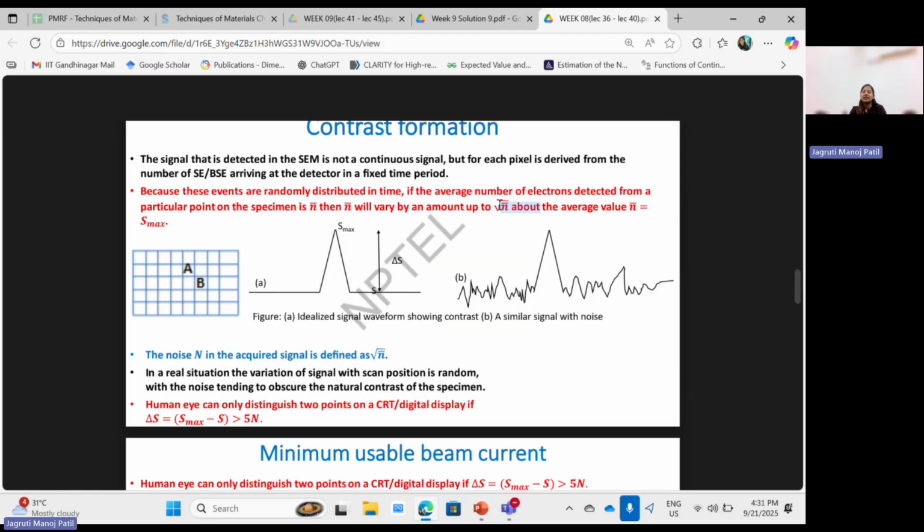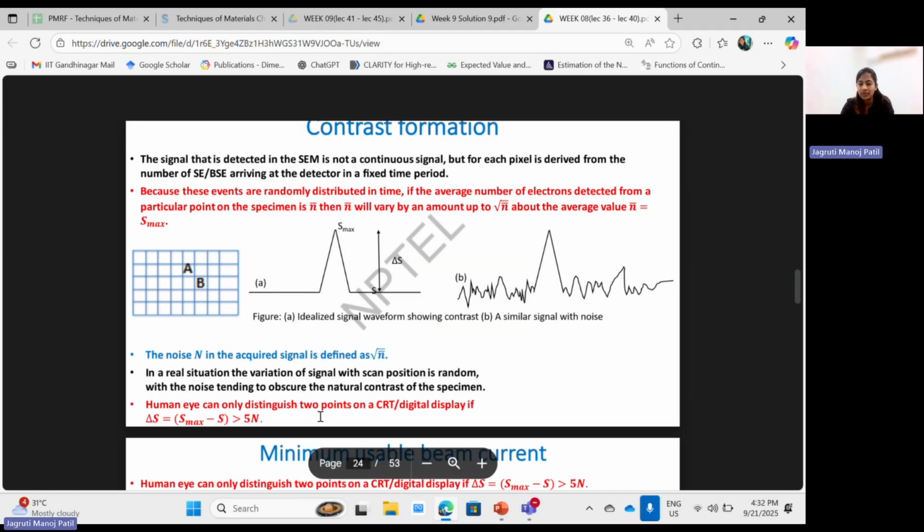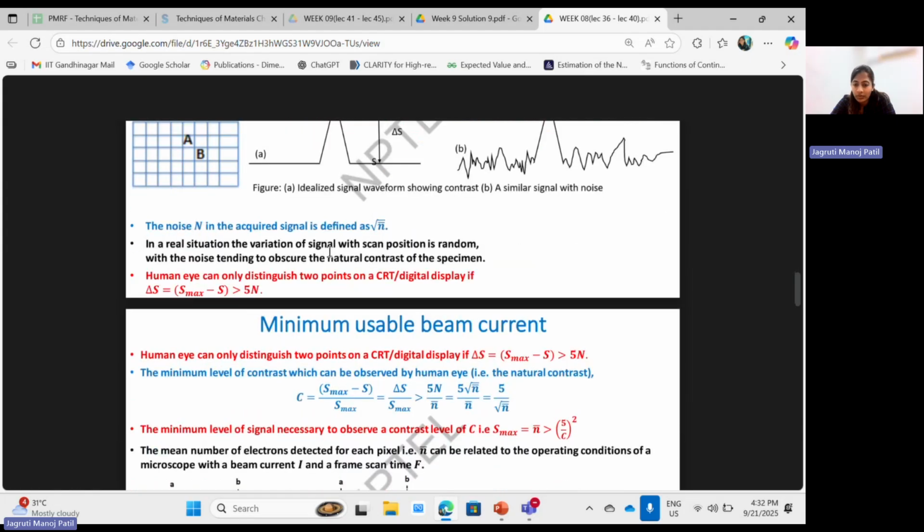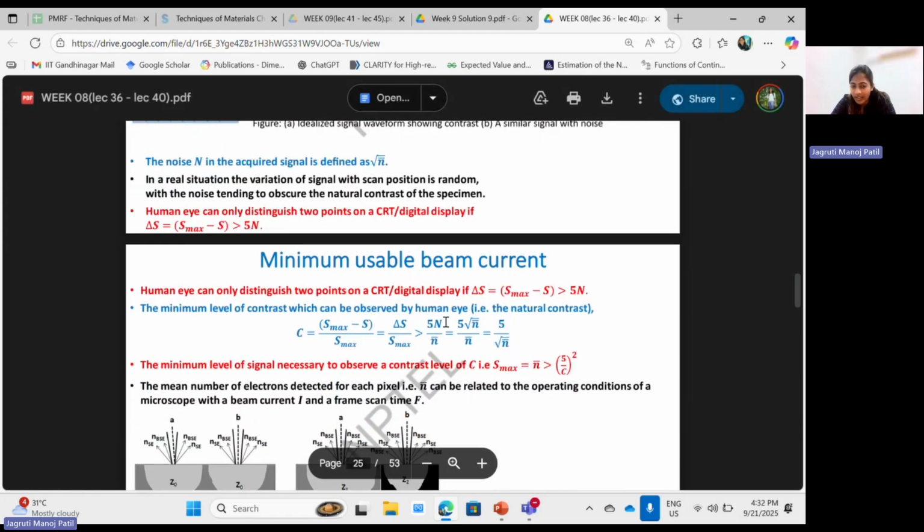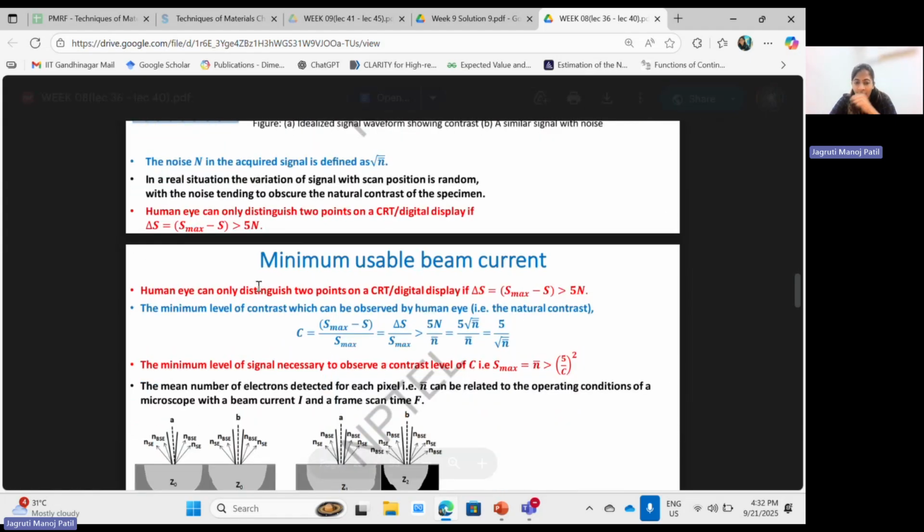So to compute noise in a signal, we say it is the square root of n. The human eye can only distinguish between two points if the difference between them is greater than 5 times the noise. So n was the number of electrons, this is the noise, and you get 5 square root of n. This is what has been derived here.